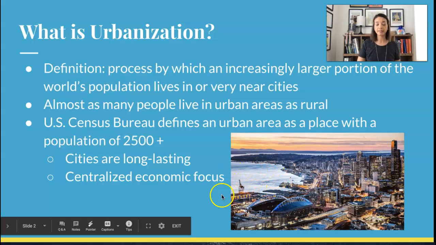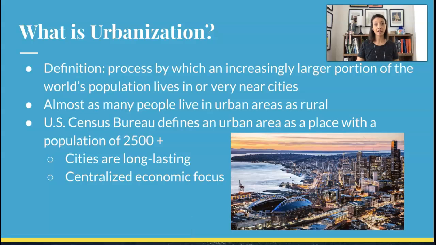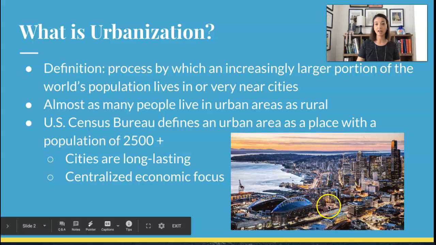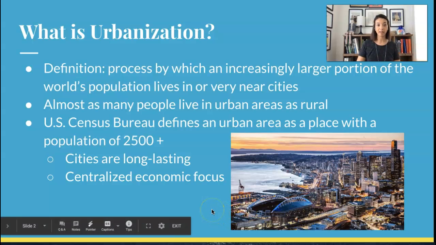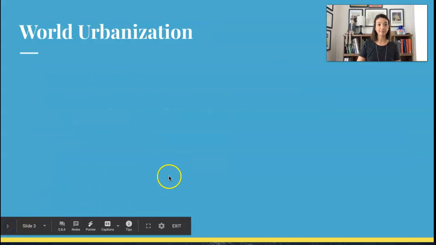So here are the docks, which employs many people, and there are many businesses which use this area of Seattle for economic reasons. Here's the big downtown business area, a lot of commerce, money, business in the downtown area. And then of course, an economic focus can also be in industry like the sporting industry. Okay, so cities are long lasting and they have to have a centralized economic focus.